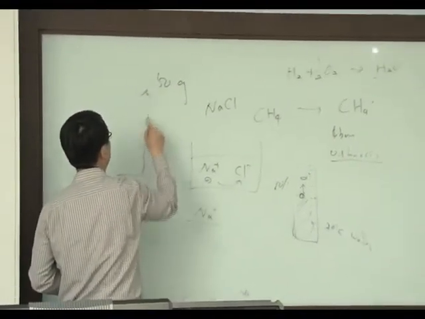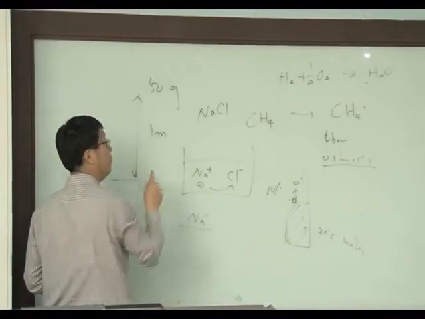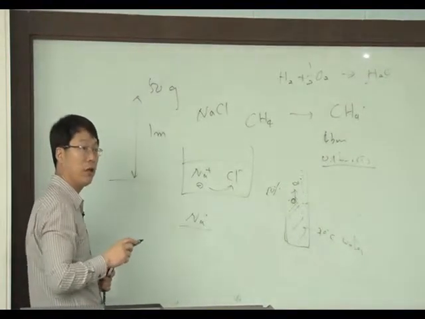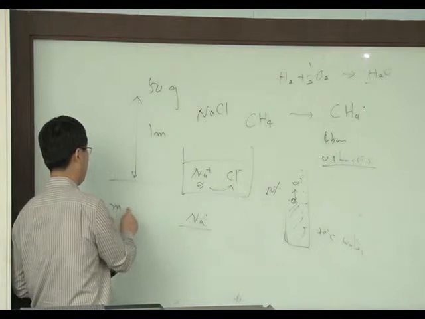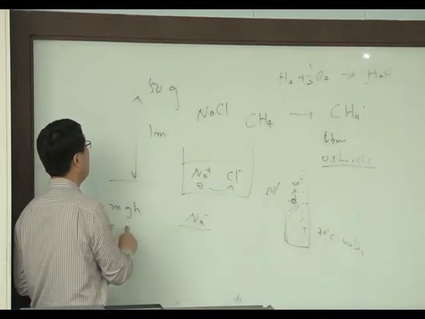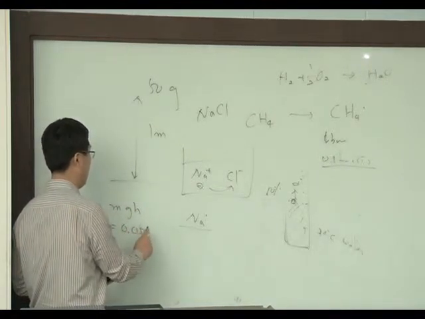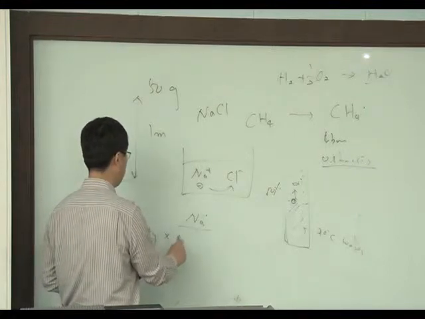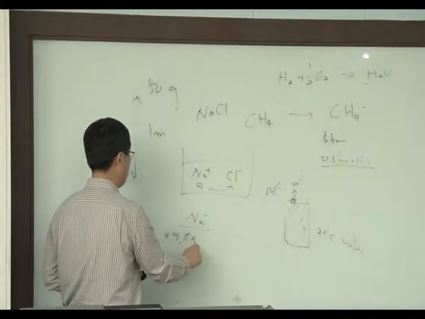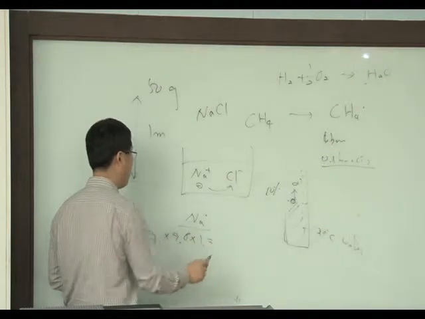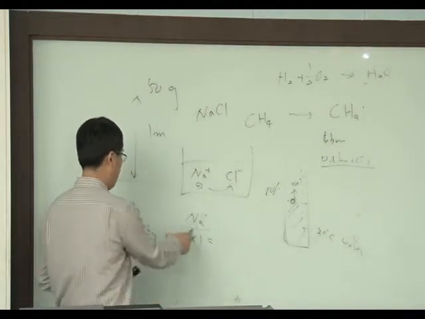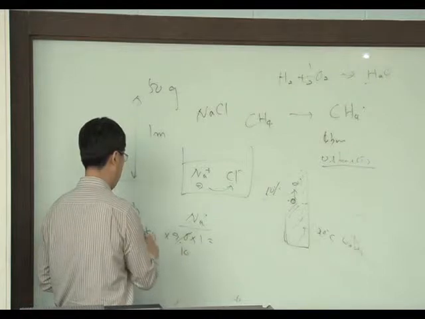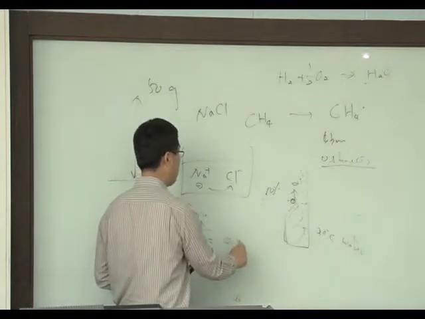If I drop it 1 meter, the potential energy is, that means, times, how much is it? 10, about 0.5 joule.